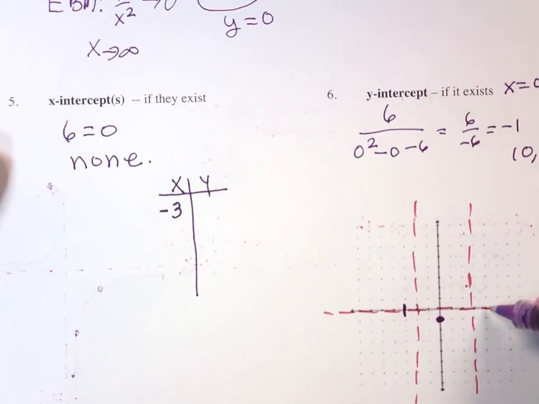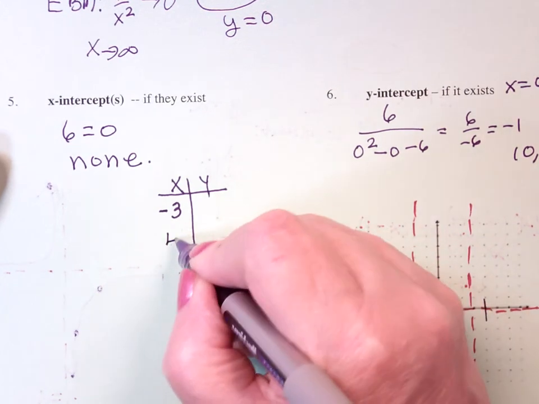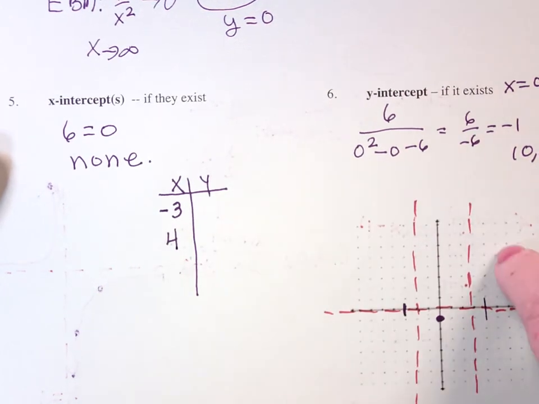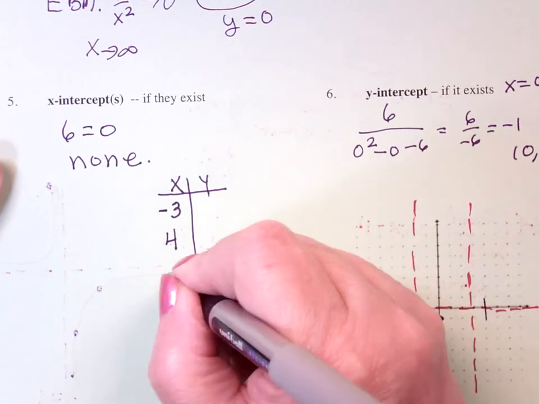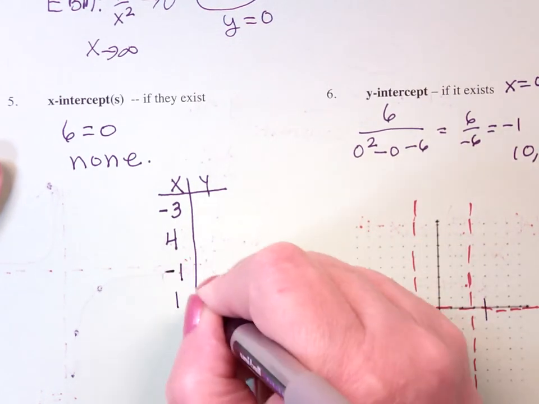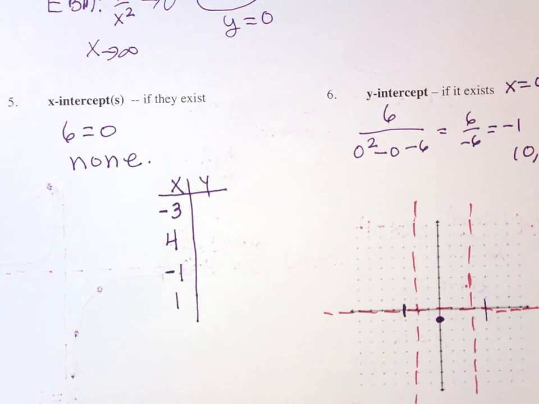Well, I also then need a coordinate point on the other side, and I'm going to pick 4. And that'll tell me where the graph is, here or here. And if I'd like to have a better looking U shape, I can pick negative 1 and 1. And then I just fill in my T-bar chart.